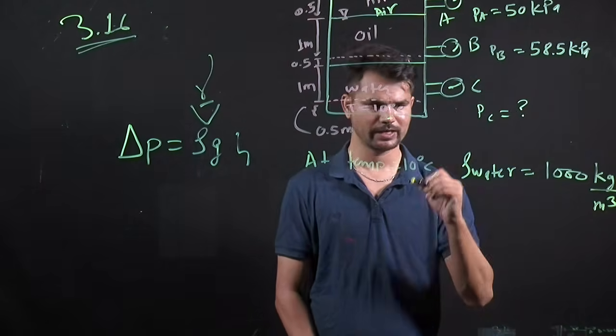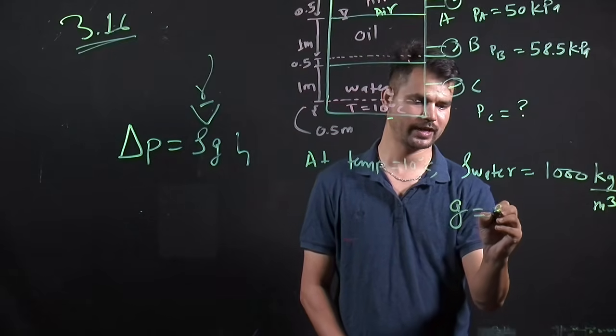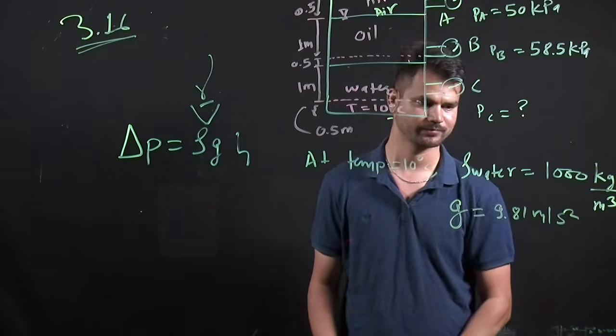Thousand per meter cube. Similarly, our acceleration due to gravity will be equal to 9.81 meter per second square.